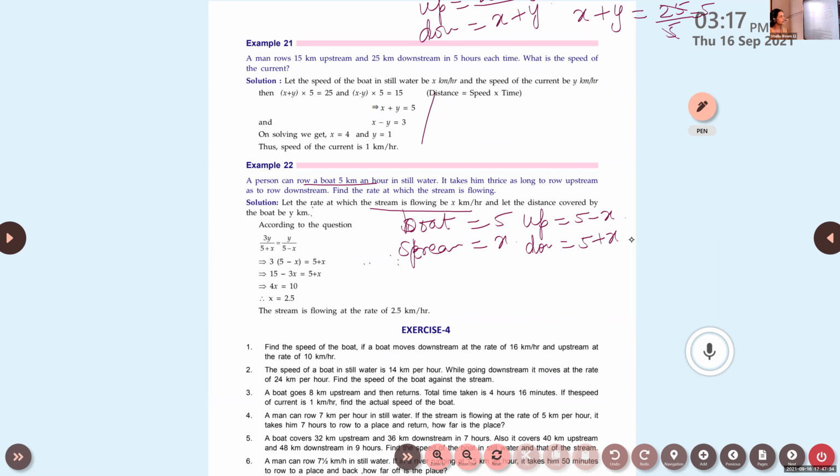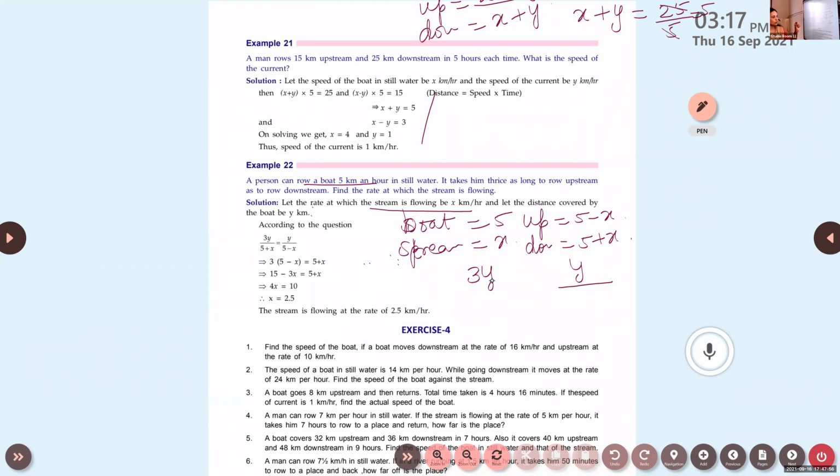Now what is given here? It takes him thrice as long to row upstream as to row downstream. That means, suppose he travels y distance upstream, he travels 3y distance downstream in the same time.